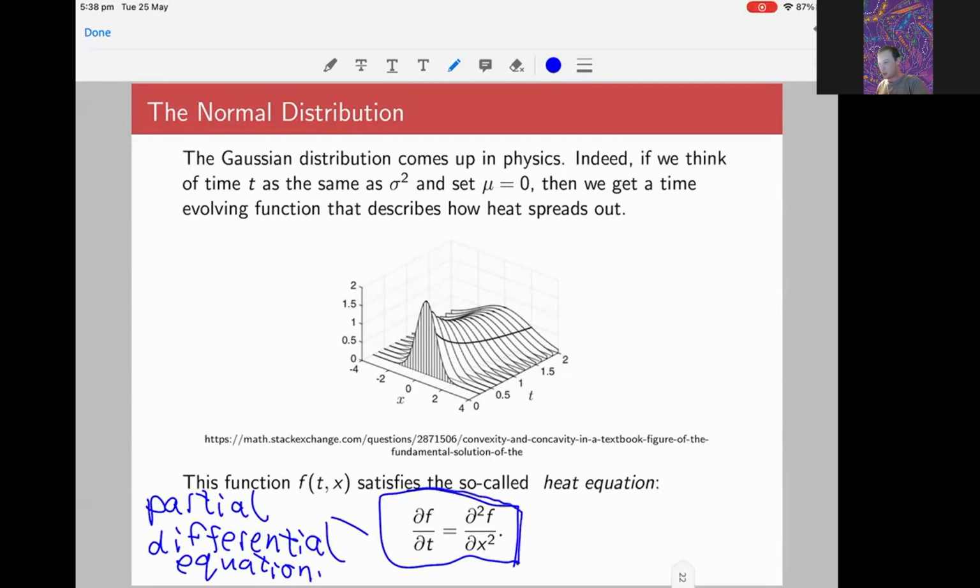But I think it's important to note here, because if we think about that probability distribution function we had before, so if we think of f as being, let me just look at my notes here.